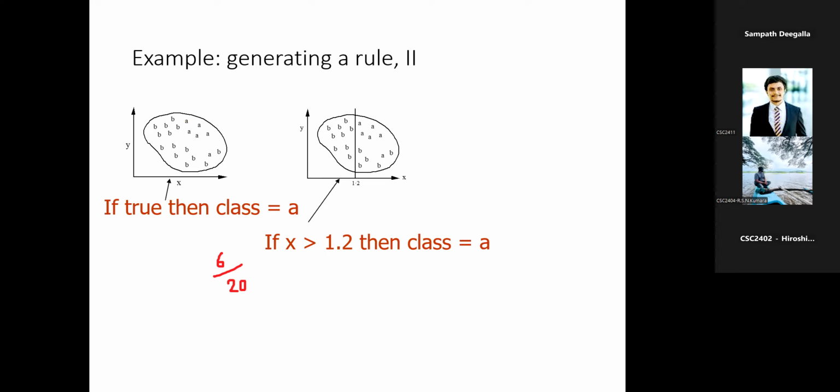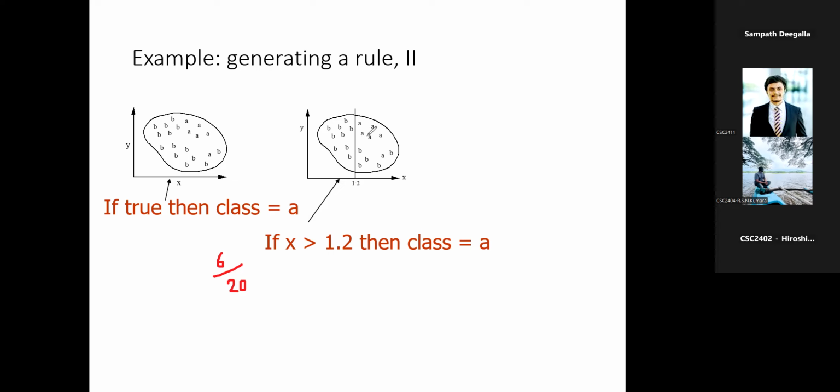So for example, in this particular case, we have a split point here. If you put a rule saying that if X is greater than 1.2, this side, which ignores this side, and we say it's class A. So basically we are trying to classify everything as A if X is greater than 1.2.